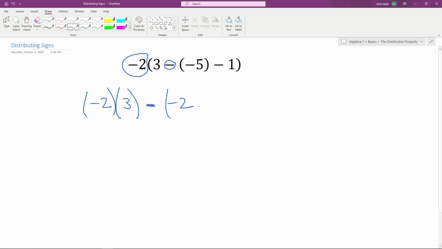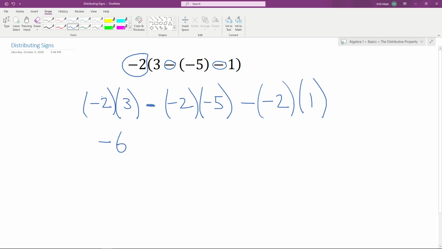Negative 2 times a negative 5 minus, which comes from this guy here, negative 2 times 1. And if we evaluate this, negative 2 times 3 is negative 6 minus negative 2 times negative 5 is a positive 10 minus negative 2 times 1 is a negative 2.